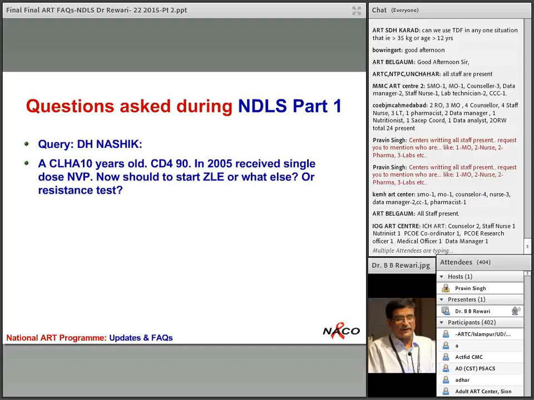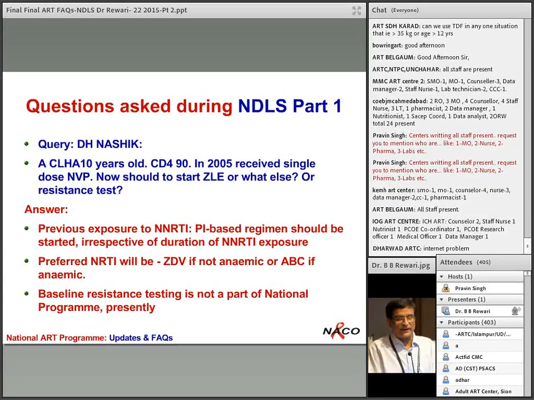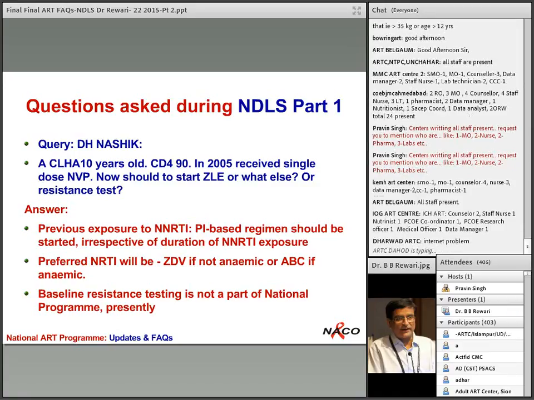Another question was, a 10-year-old child, CD4 90, received a single dose in 2005: should he start ZLE or what else, and what resistance testing should be done? The answer is again, prior exposure to NNRTI, that is nevirapine, is there, even if it was a single dose. For simplicity, the guideline has been taken that these patients should be started on a PI based regimen.